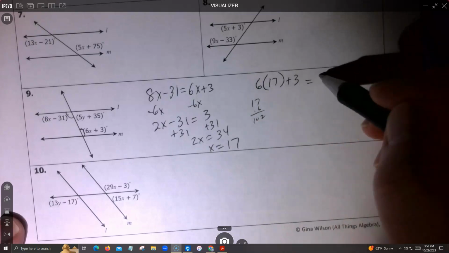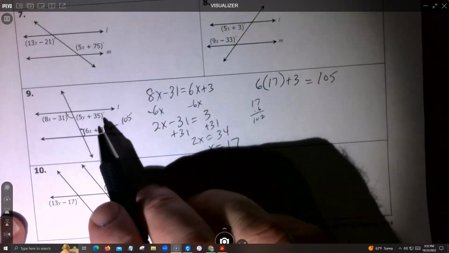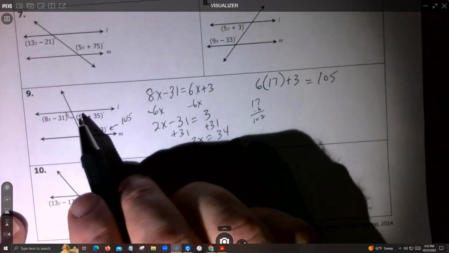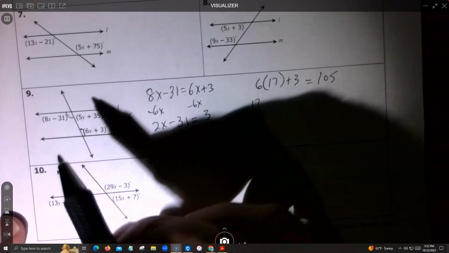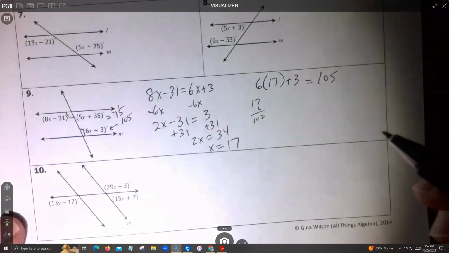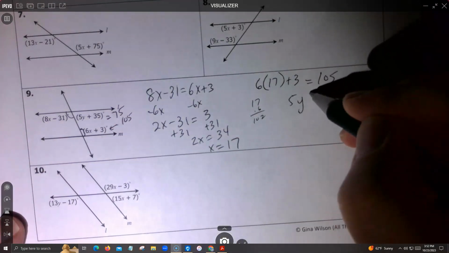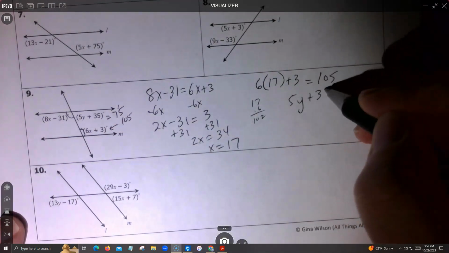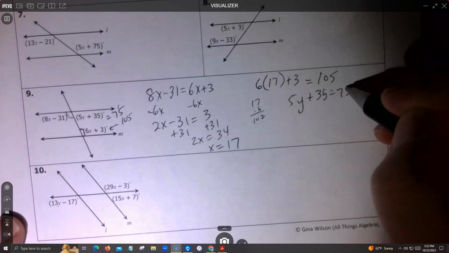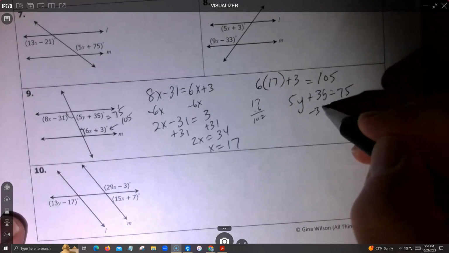So 102 plus 3 is 105. So this is 105. If this is 105, this can't be 105 because these are consecutive interiors. This has to be equal to the rest of the 180, which is 75. So now I'll solve that, and then I'll solve that one.